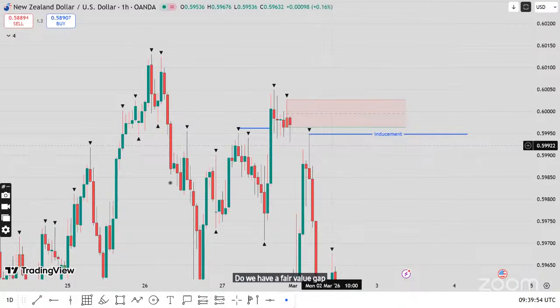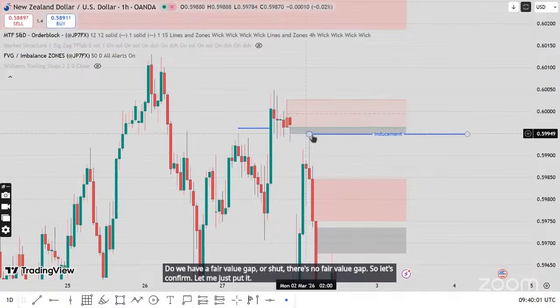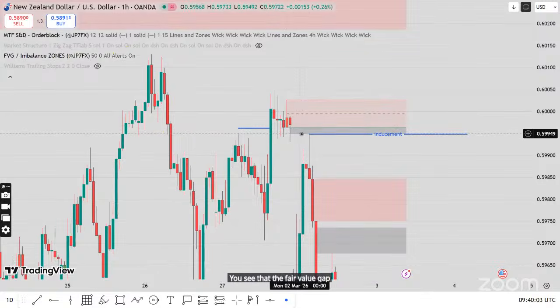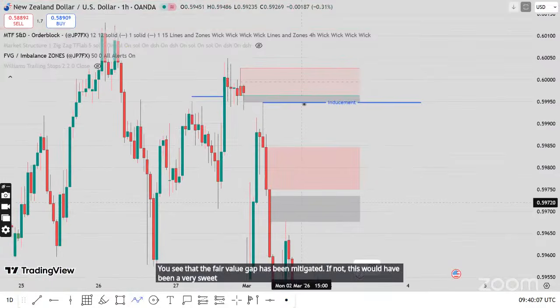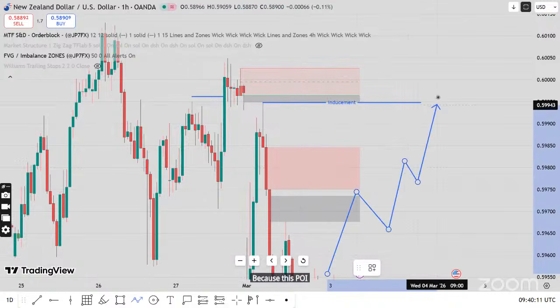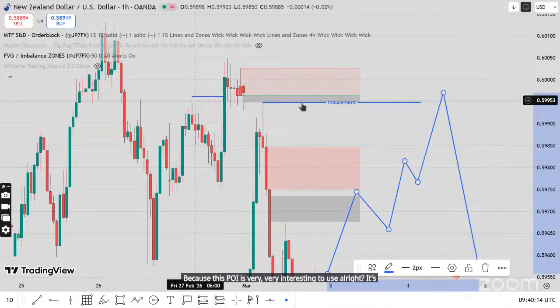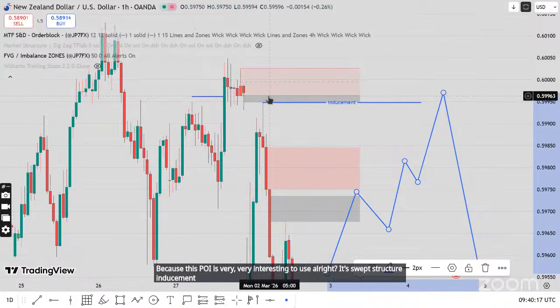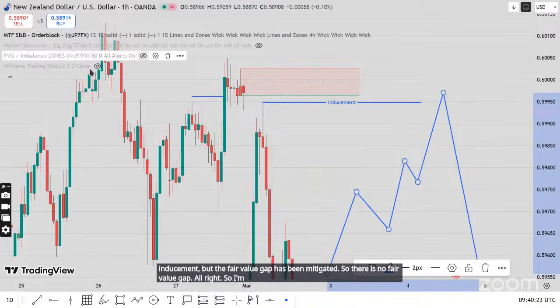Oh, there is no fair value gap. Let me confirm. You see that the fair value gap has been mitigated. If not, this would have been a very sweet entry for us, because this POI is very interesting to use. It's swept structure, inducement, but the fair value gap has been mitigated, so there is no fair value gap. I'm just going to skip that.